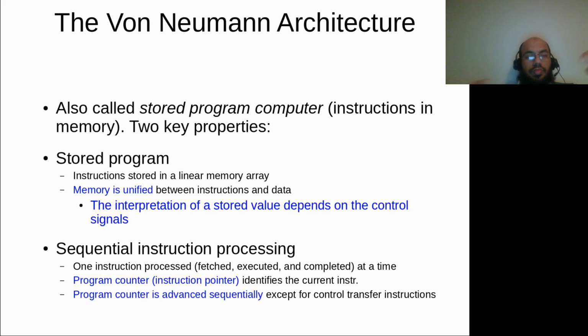Okay, but how does the computer understand that this is an instruction and this is data? The way the von Neumann architecture does it is that the interpretation is only based on control signals.